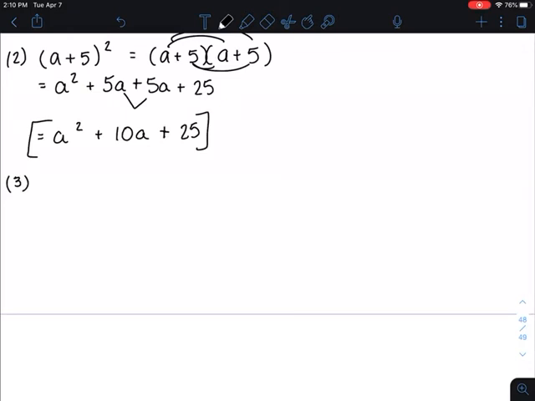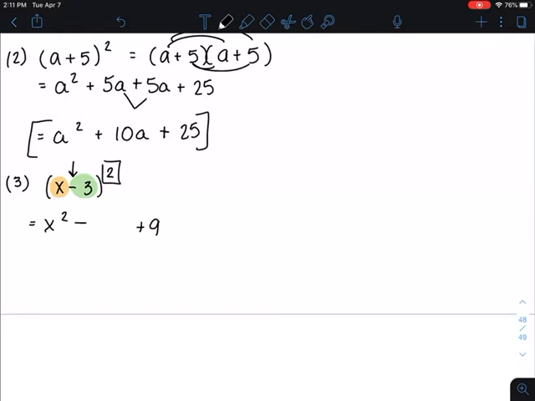Now there's a shortcut to this. When you square a binomial, let's say number 3, you have x minus 3 squared. You square the first term, x, so you get x squared, and leave some space. Square the last term, negative 3 squared is a positive 9.